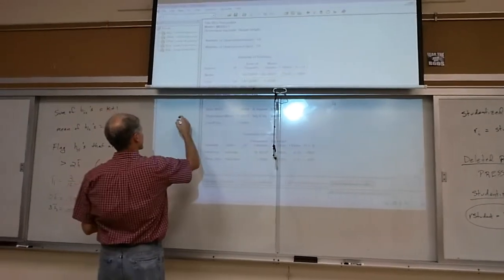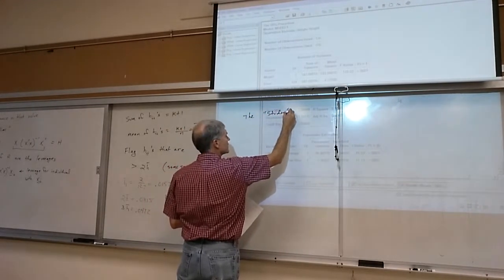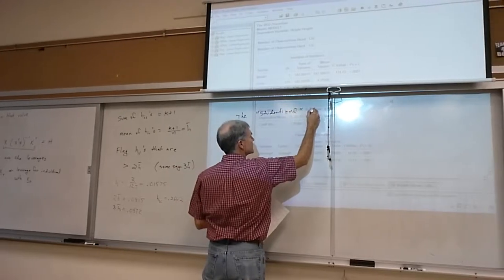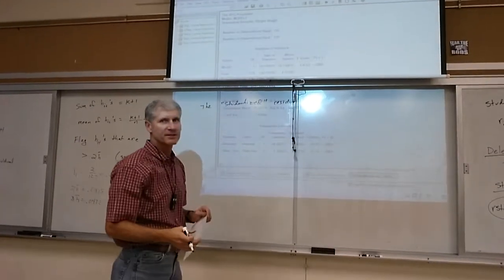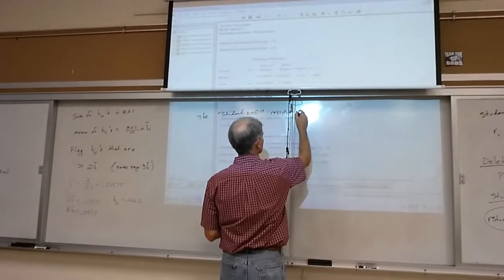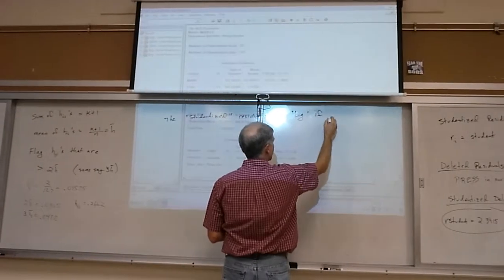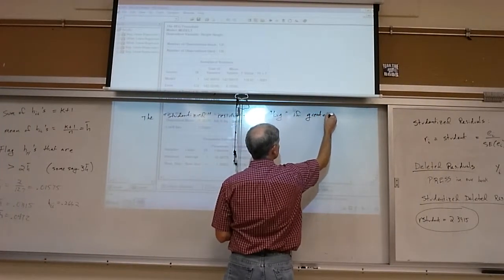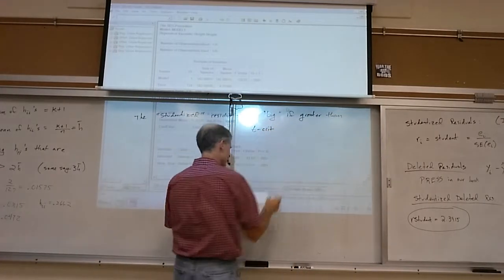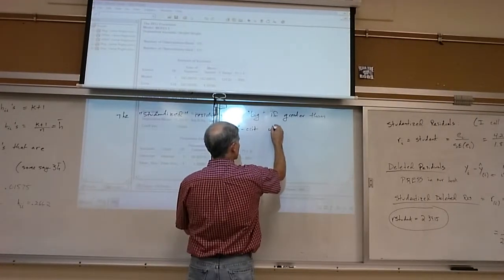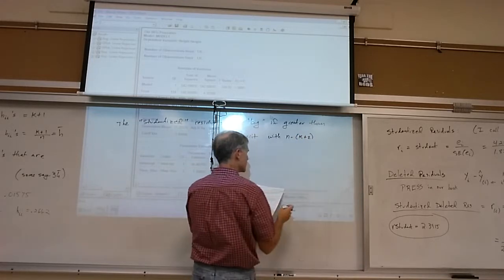So the studentized residuals, both of them, we have a studentized deleted and a non-deleted one. The studentized residuals are big if greater than the T critical value with N minus K plus 2 degrees of freedom.